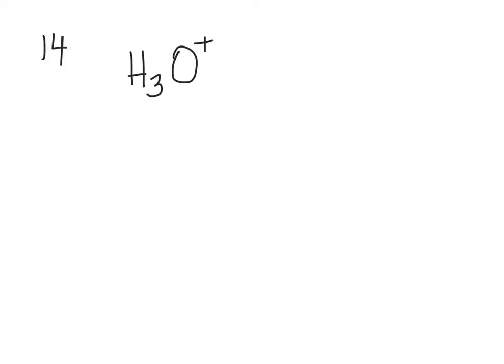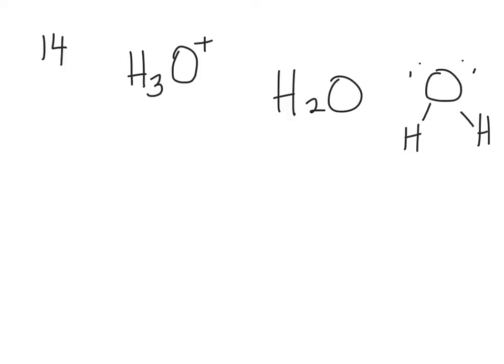H3O plus. Do we know any other common compound that's got hydrogen and oxygen in it? H2O. Thanks, Josh. H2O. If you do the Lewis structure for H2O, it looks like this.